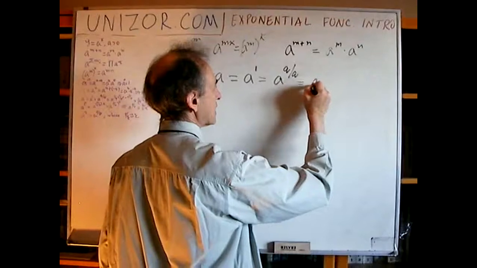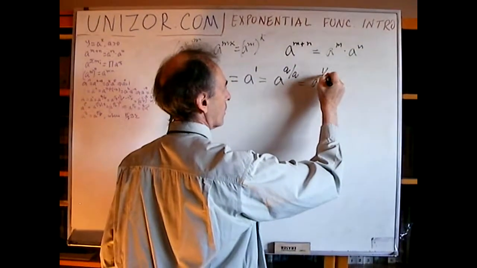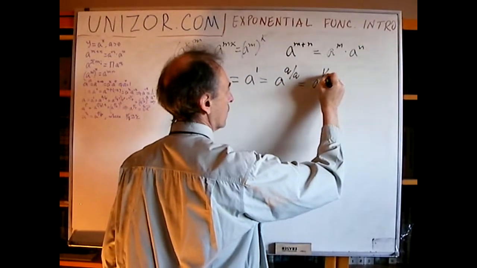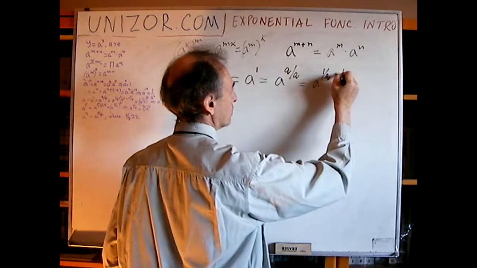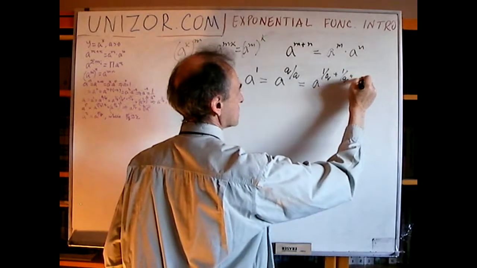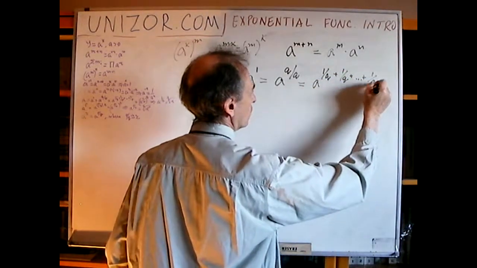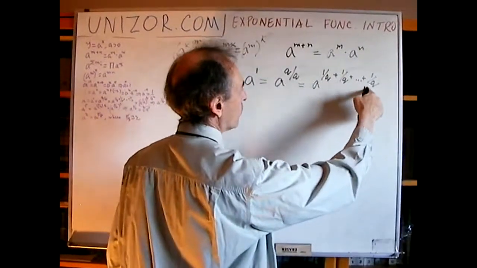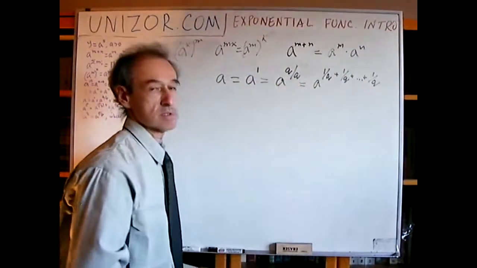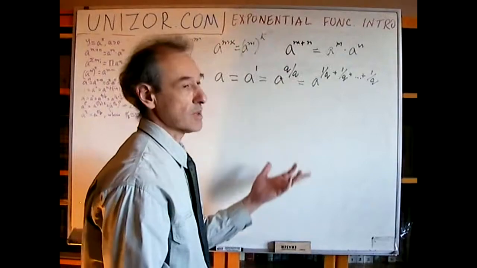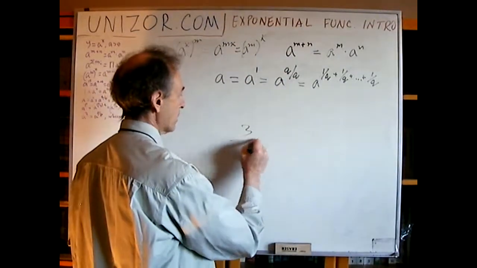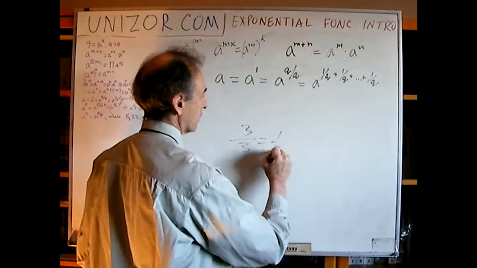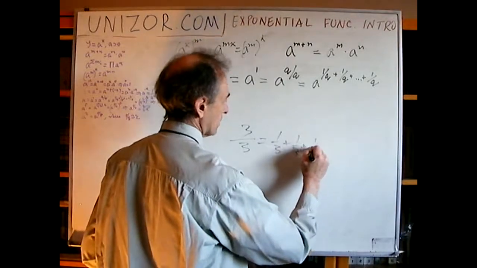Now, what is q over q? I can always present it as a to the power of 1 over q plus 1 over q plus etc. plus 1 over q, where I add 1 over q, q times. It is the same thing as 3/3 being 1/3 plus 1/3 plus 1/3.